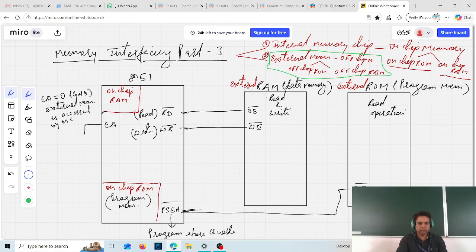This is the first case. And the second case is if EA is connected to binary one or VCC, then internal memory is accessed by the microcontroller.